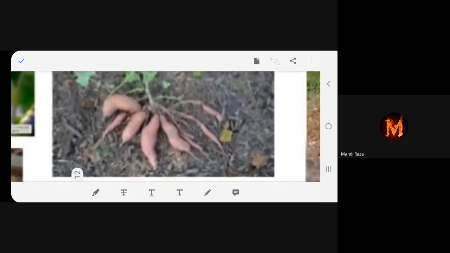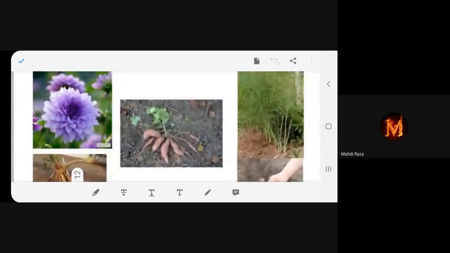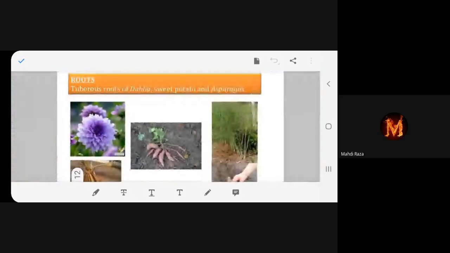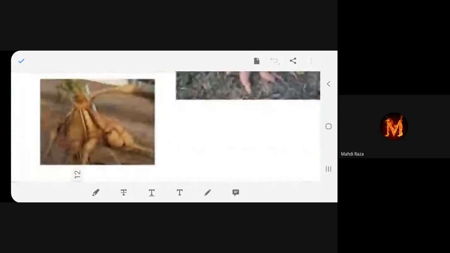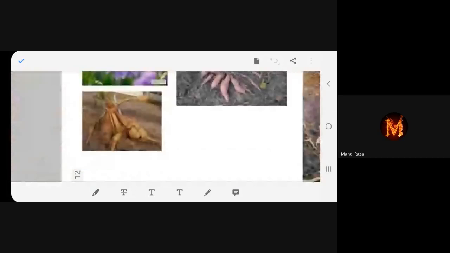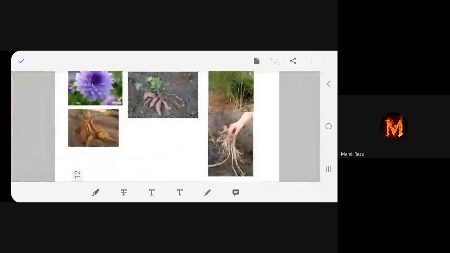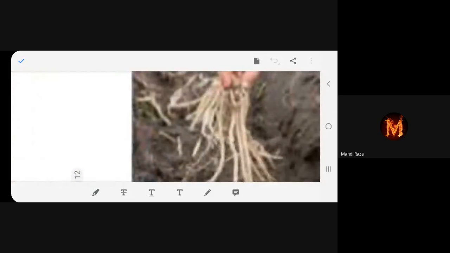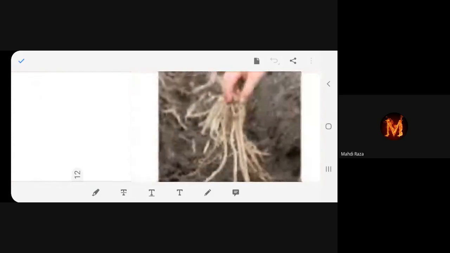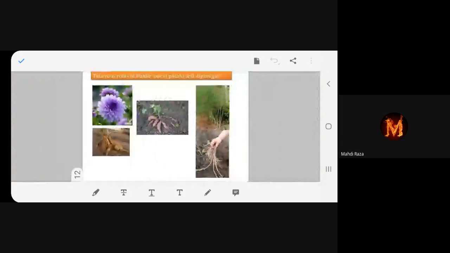This is a tuber. This is dahlia, and the root of dahlia is like this. And the root of asparagus is like this. So these are all tuberous roots. They store food over here.